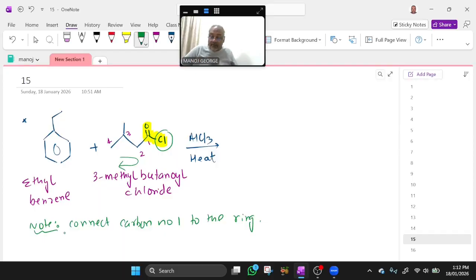Let me know if you have the correct answer. I still have... Okay, keep trying. I'll wait. Of course, you will get 2 isomers. Don't forget in the exams you're allowed to make only one. But if you can make both, very, very good.